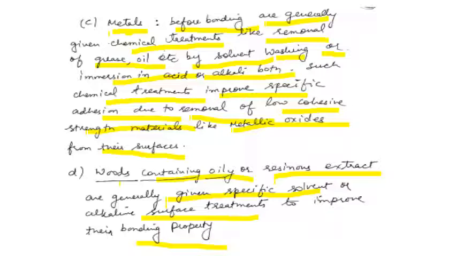So it is clear that whether your adherent surface is pure metal, pure wood without any impurity, or a plastic surface, you can apply the first and second step. And if it has oily or grease-like impurities, you should go for washing methods, and chemical methods are applied to remove the impurities, and then the adhesion mechanism takes place when you use an adhesive for the bonding.